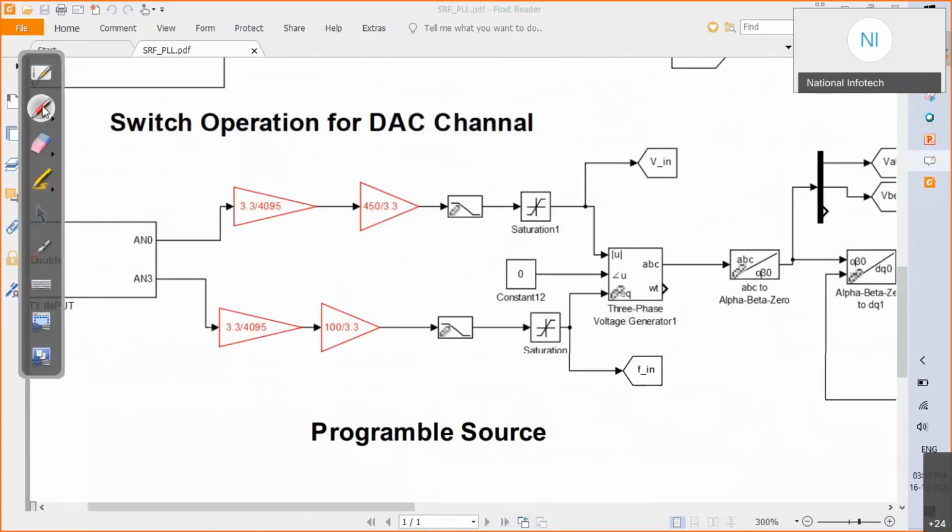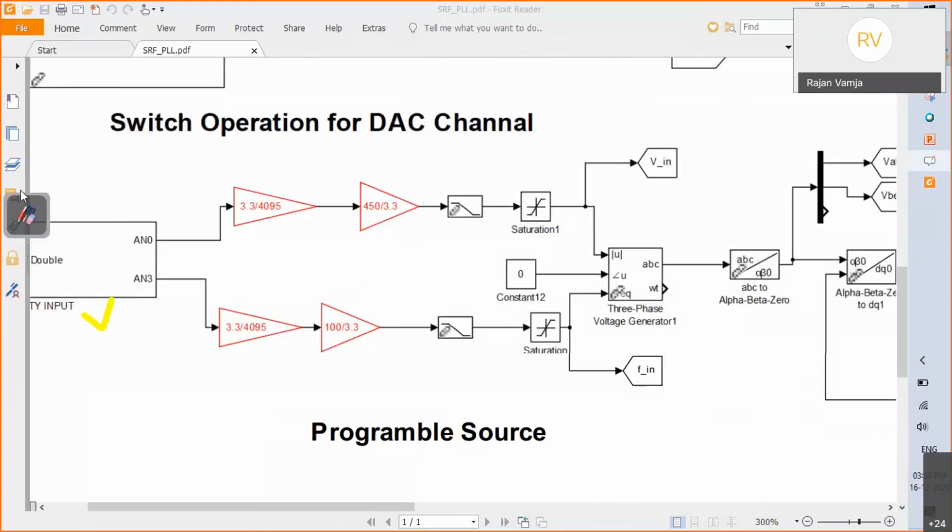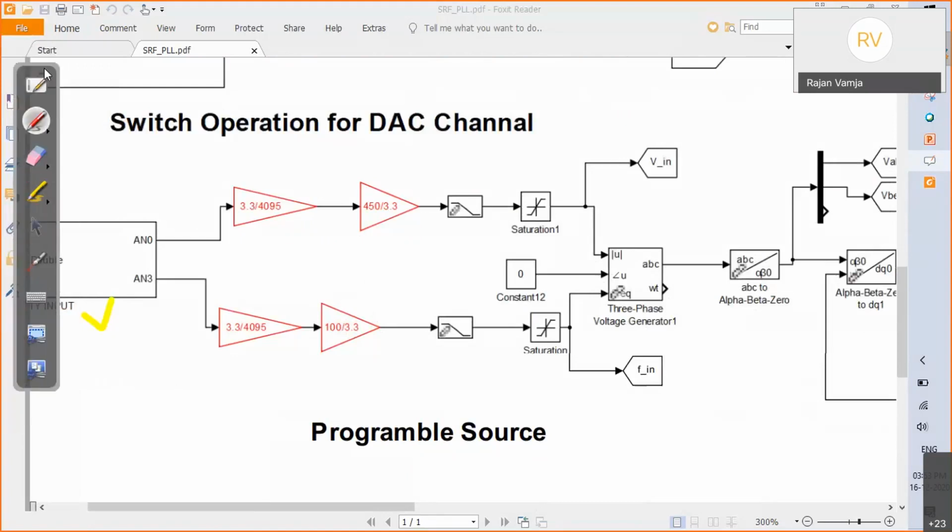So this block will explain a few basic exercises. We are having one controller, with the PA0 and PA1 pins, that is port A pin 0 and port A pin 1.